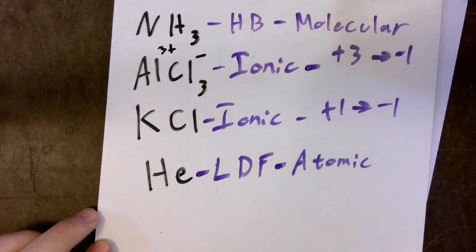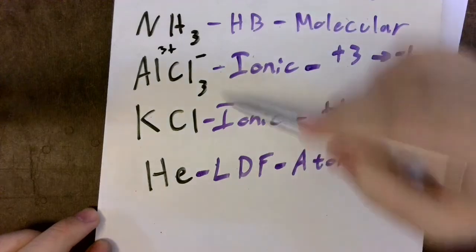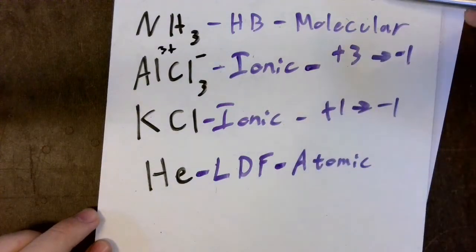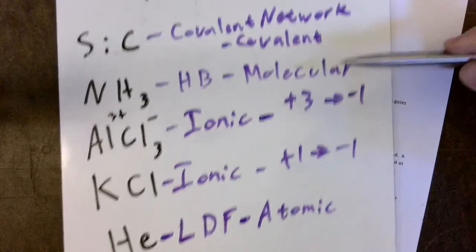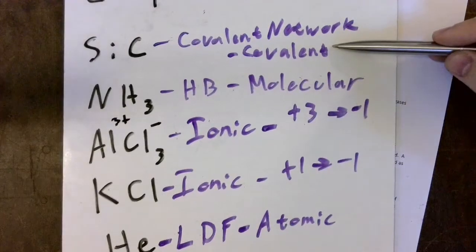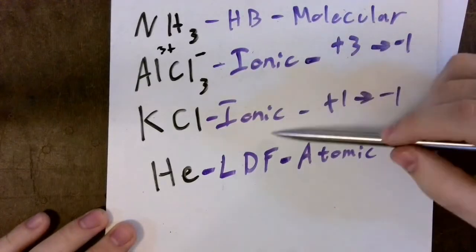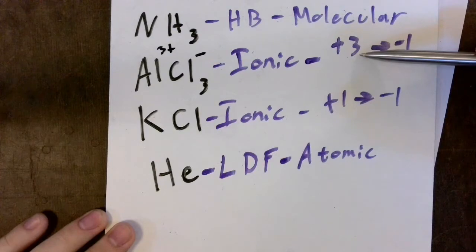Those can overlap. However, we know that if ionic is going to beat this particular bond, then it's going to be this one, not this one, because this has a bigger charge.